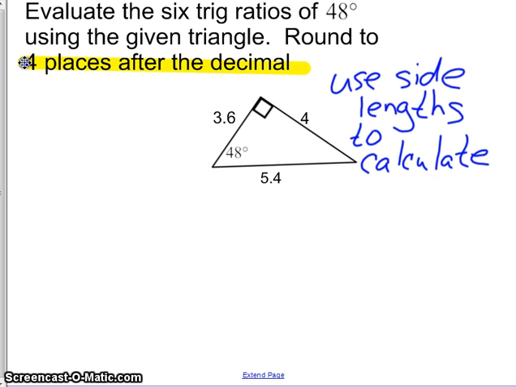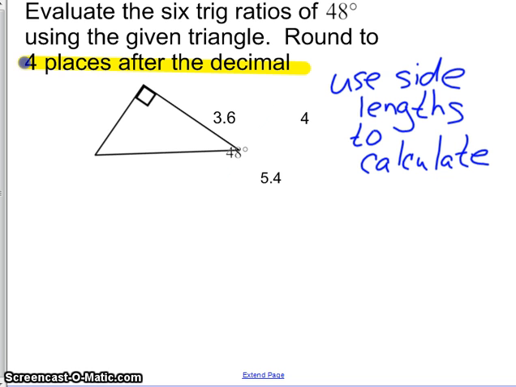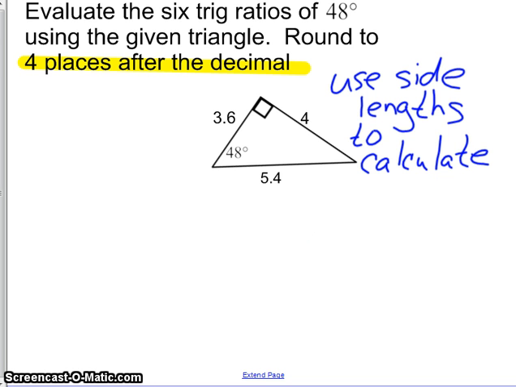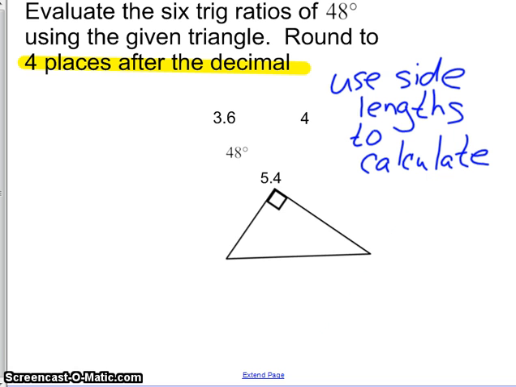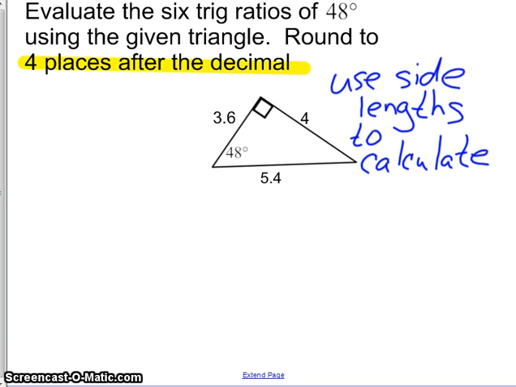All right, so sine of 48. I'm not using the variable theta right now because the angle is labeled with a measurement, so we're using that measurement.